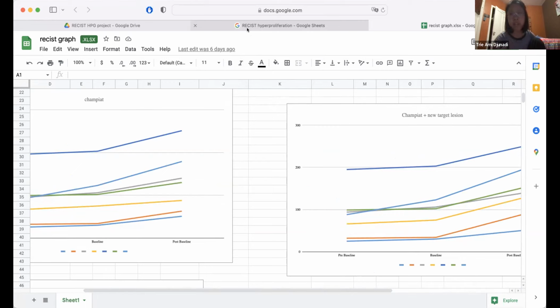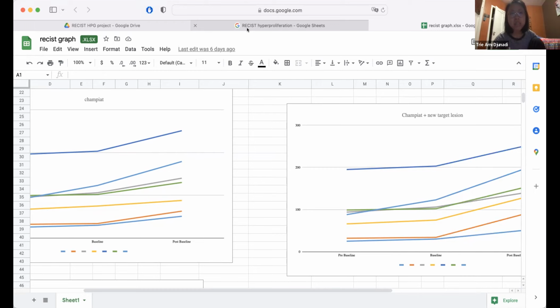So me and Eugene and Liam and Dr. Che last week decided to add the new lesions to the sum, and we want to see whether it will change the definition of PD for each criteria. If the PD is increased, it will be really interesting for our paper. And maybe, like Dr. Che suggests, we will make a new definition, a new suggestion for RECIST. Because I also checked about iRECIST last week.